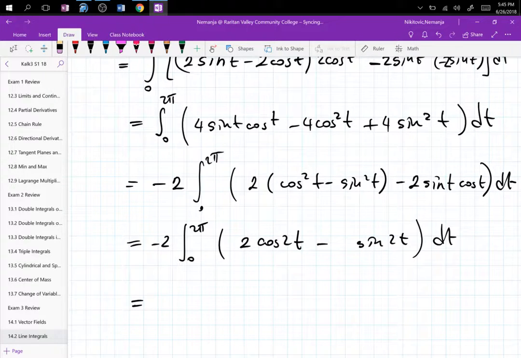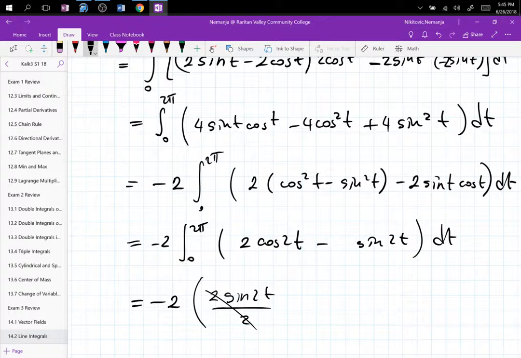Now, if you want to, you can distribute this minus sign inside and swap the order, but who cares? Negative 2, the integral of cosine is positive sine, so I have 2 sine 2t divided by 2, so these will die. And then minus integral of this is negative cosine, so I have negative cosine 2t over 2. Computed from 0 to 2 pi.